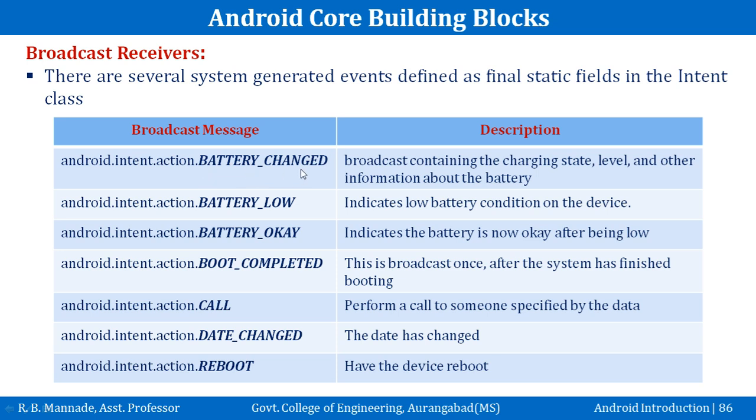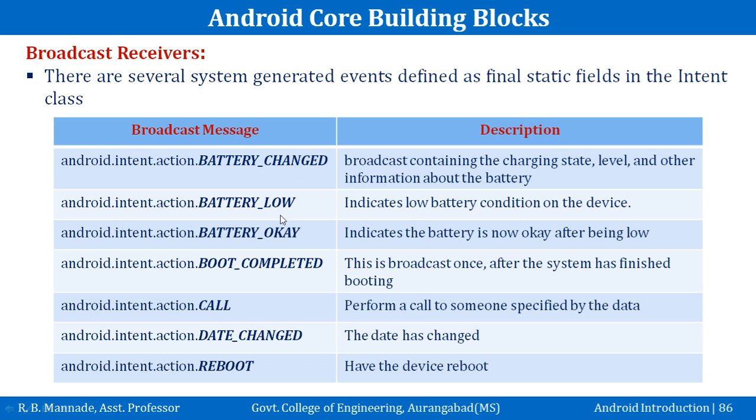Okay, so this particular message represents the broadcast containing the charging state of the battery, or battery level, and other information about the battery. So whenever the battery is changed, this particular message will be generated by the system.